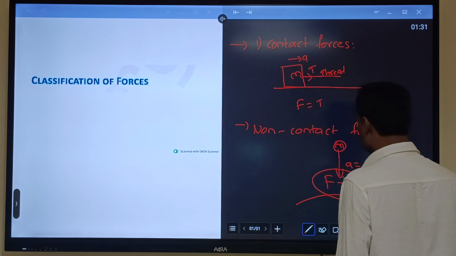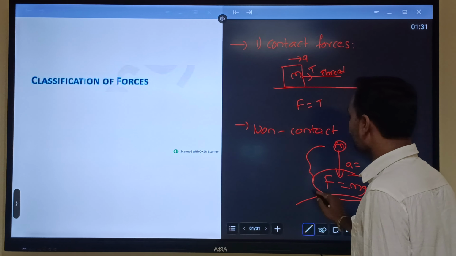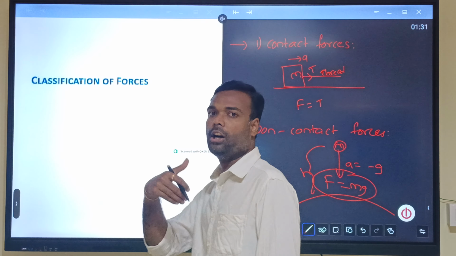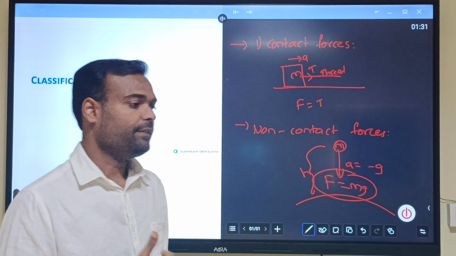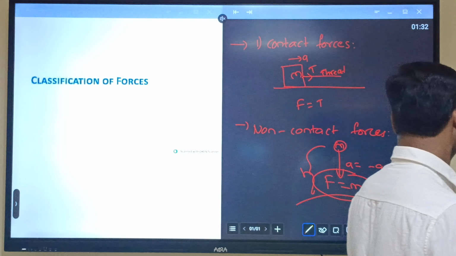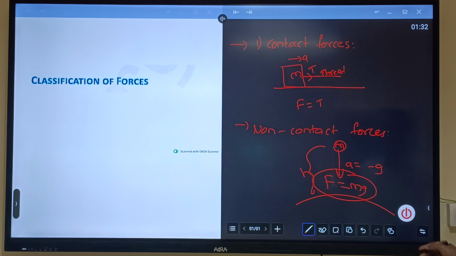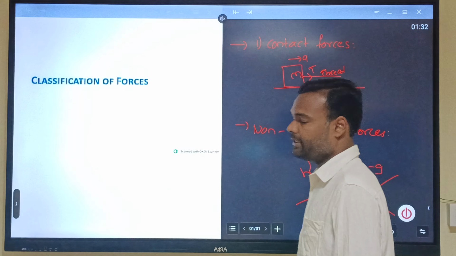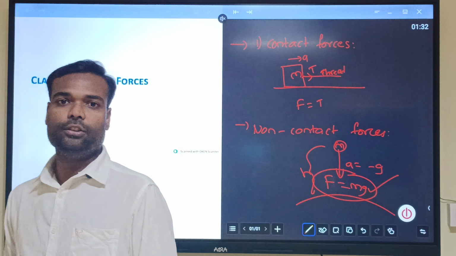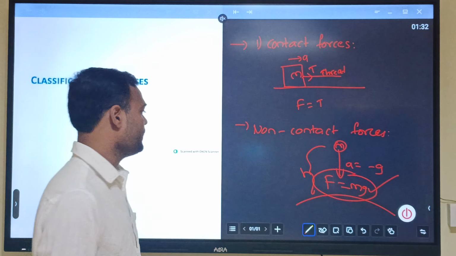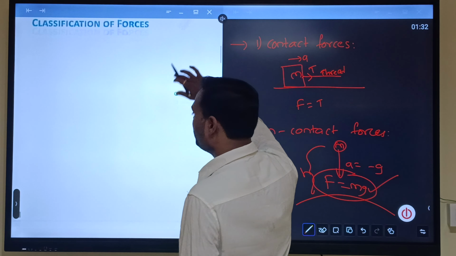So the Earth is pulling the object even if it is at a height h. There is no need to have contact between the object and the surface of the Earth. This is what non-contact forces are.